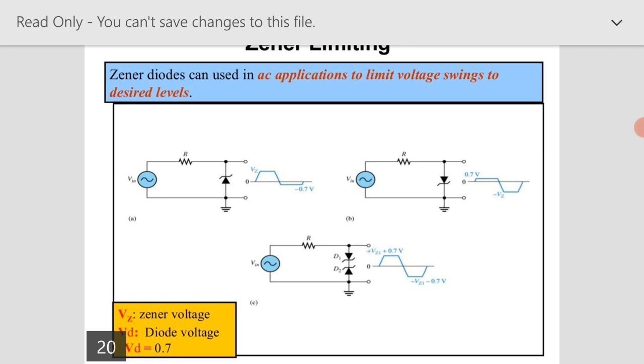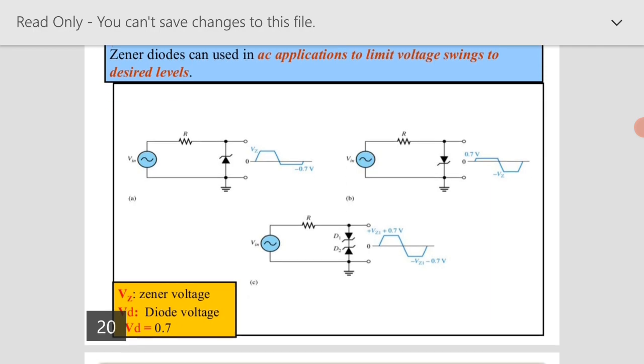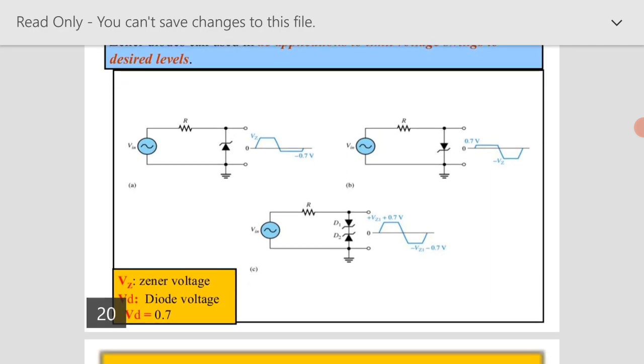Vin is the input voltage, the resistance is connected to the input voltage, and the output voltage is across the Zener diode. After that, the resistance input is Vin, and the output is across the diode which is connected in the reverse direction, where Vd is equal to diode voltage and Vd is equal to 0.7 volt.